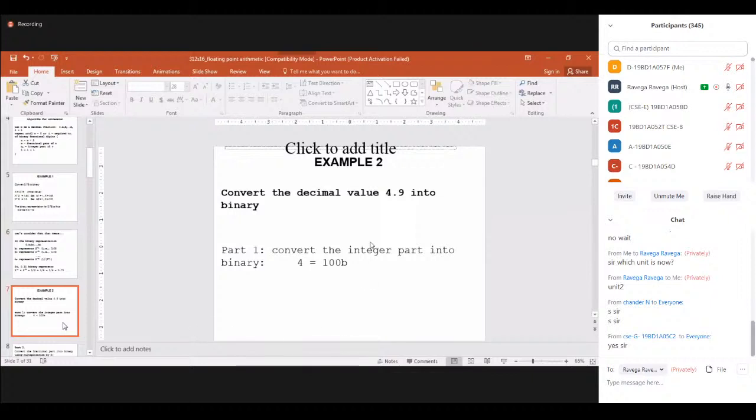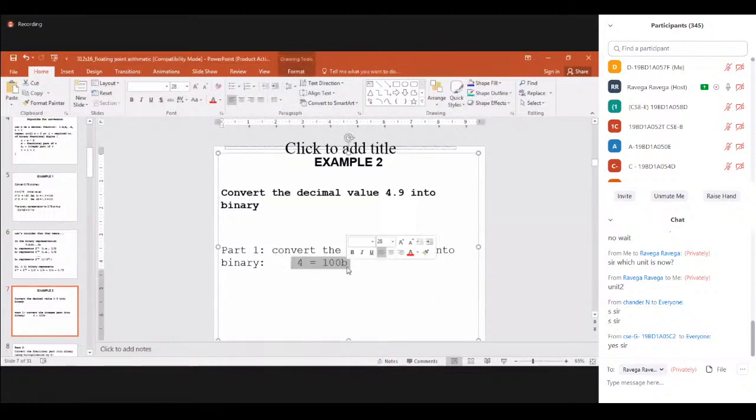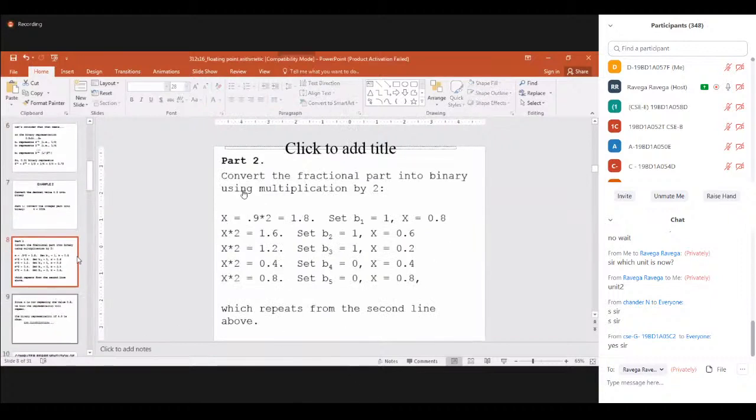So in the same way, convert the decimal value 4.9 into binary, right? So as you go on like this, we get this value. Yes, again, another example. You're taking 0.9 as the value of x.